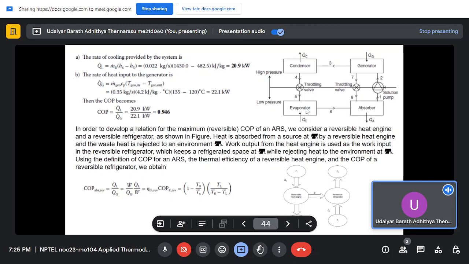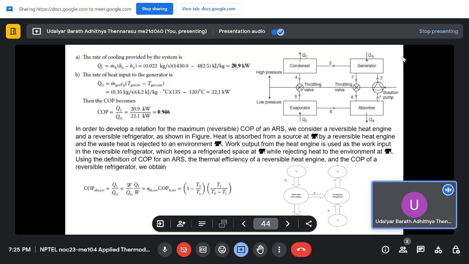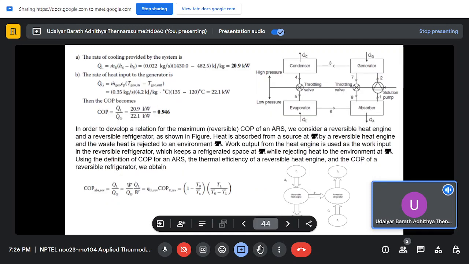There is the condenser, a throttling valve, and the evaporator which is at 2 degrees Celsius, with ambient at 25 degrees Celsius. This is at 60 degrees Celsius, and the generator is using geothermal water, coming in at 135 and going out at 120. So this is what is known.